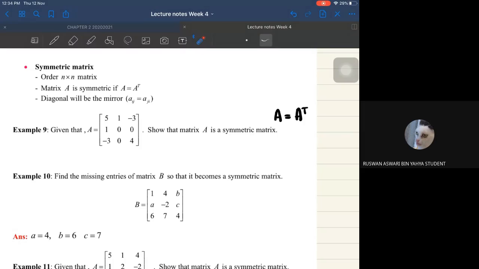Okay, so get the A transpose for this matrix. So since this is 3 by 3, kalau kita transpose pun dia akan jadi 3 by 3. So you akan ubah row akan jadi column. Okay, so therefore you will have 5, 1, negative 3, 1, 0, 0, negative 3, 0, 4.